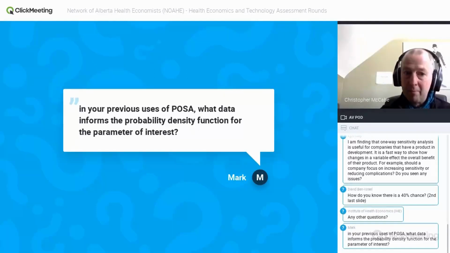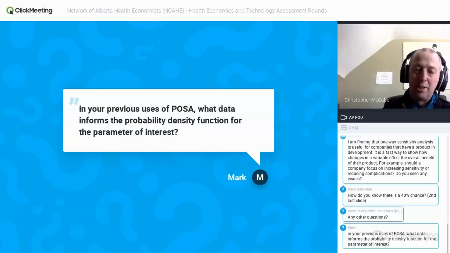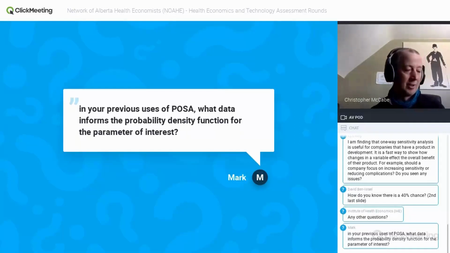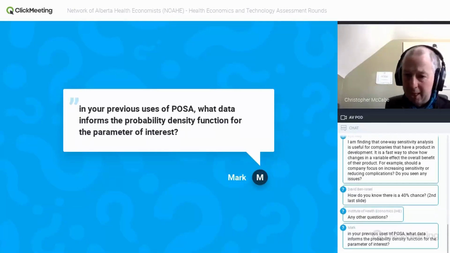It might be from private data on resource utilization. So it might be data collected alongside trials, where you can again model out the expected costs and standard errors on them, which you then use to characterize the probability density function. And NOAA runs a course, I think maybe three times a year, on how to build models for probabilistic sensitivity analysis that includes the coverage, how do you define the PDF from the available evidence. So, okay.